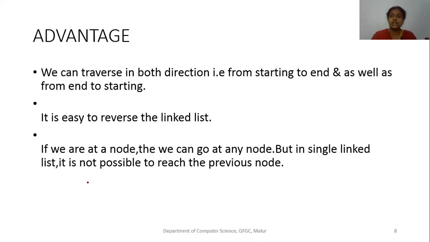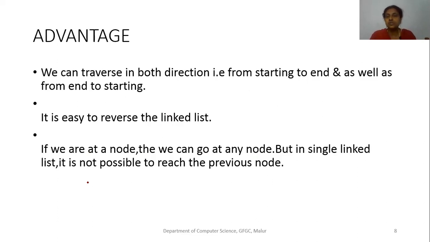Now we will see some of the advantages of a double linked list. We can traverse in both directions, start to end and end to start, which is one of the key points compared with a single linked list, where I can only traverse forward. I won't be able to do reverse. Here, since I know the previous address and also the next address, I'll be able to do reverse traversing.